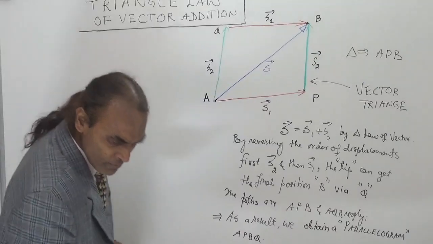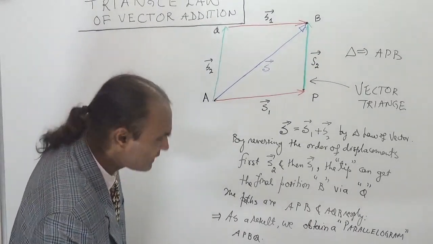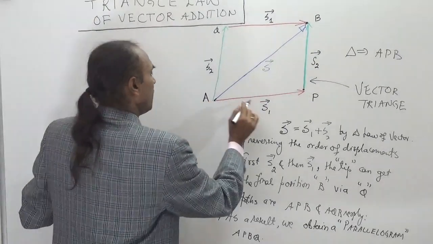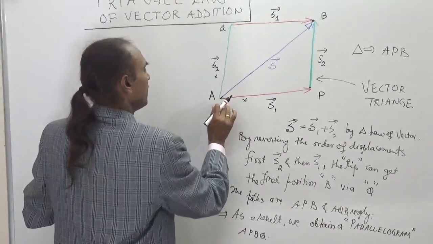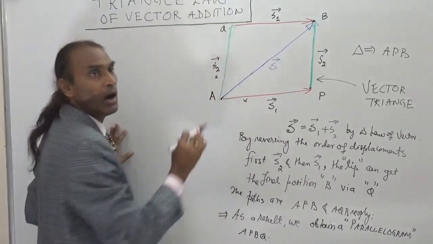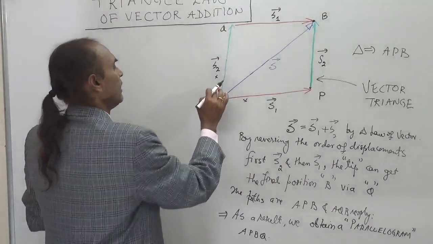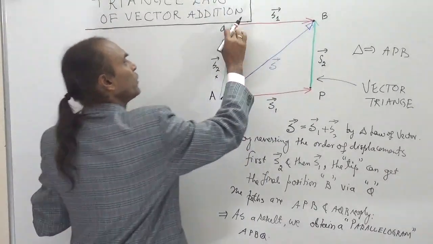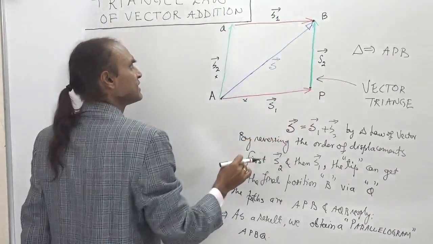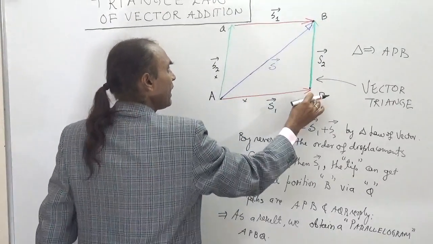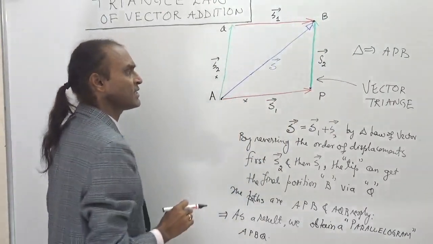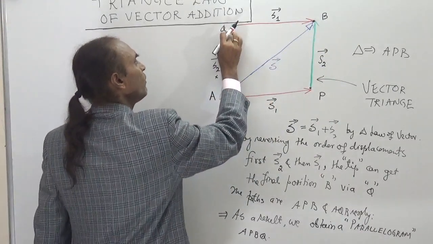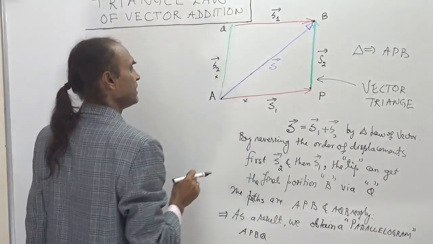And in this parallelogram, we can say that these two sides, AP and AQ, are adjacent sides. AQ and QB are adjacent sides. QB and BP are adjacent sides. And BP and PA are adjacent sides.